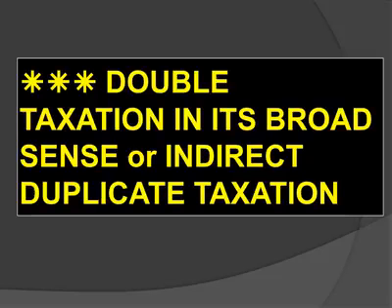So, what is double taxation in its broad sense or indirect duplicate taxation? Now, do not forget what I told you. Remember the elements of direct duplicate taxation. If one of them is missing, then it is indirect duplicate taxation. And it's not violative of the Equal Protection Clause of the Constitution, and therefore it should not result in nullification of a tax measure.